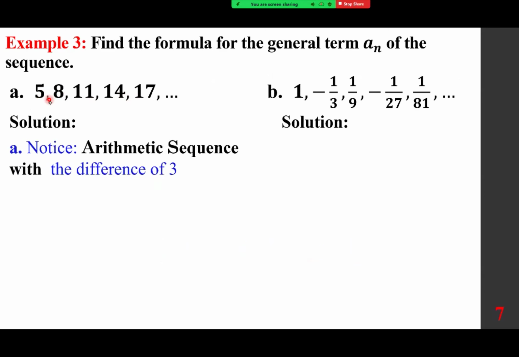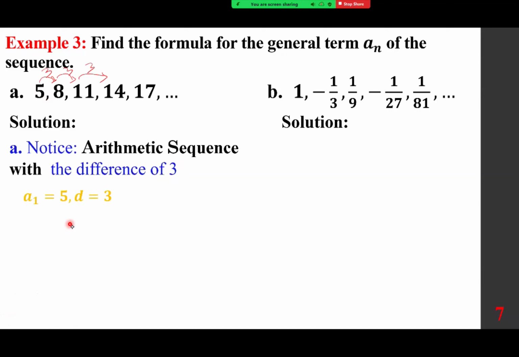So it's an arithmetic sequence with the difference or distance of 3. So A sub 1, the first term, is 5, and the difference is 3, because look at this one, you add 3. Same thing here. And you really have to check quite a few. You can't just assume the first one and that's it.